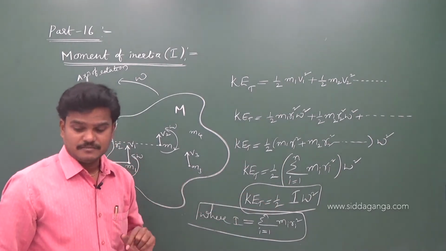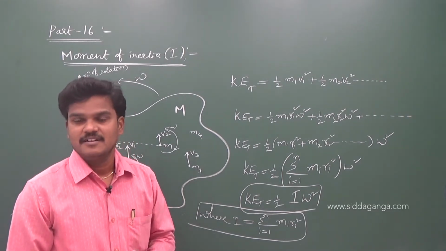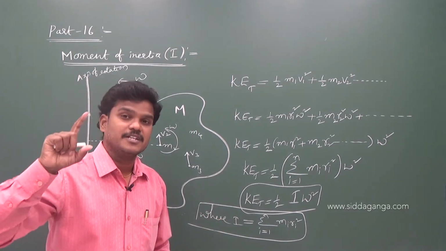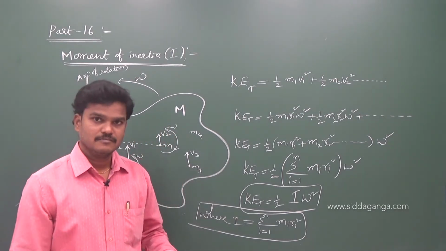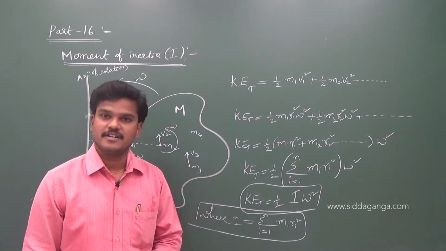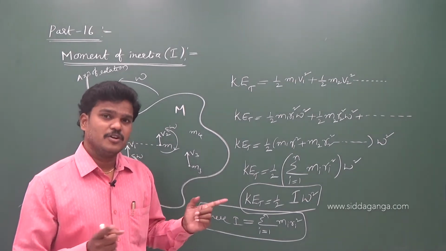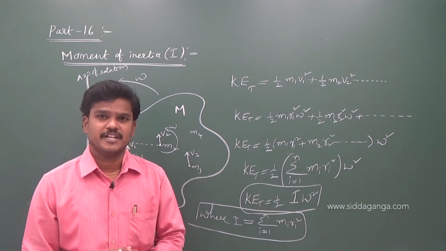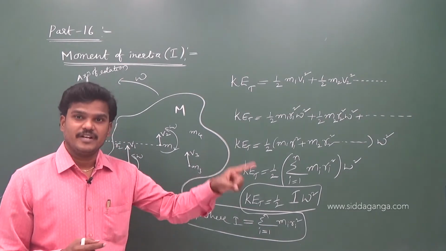You know already half mv square from previous chapters: the kinetic energy of a body moving along a straight line, or with uniform acceleration, is half mv square. Here, if a rigid body rotates, then that rotating rigid body has kinetic energy half I omega square.